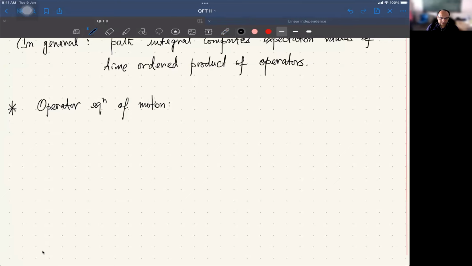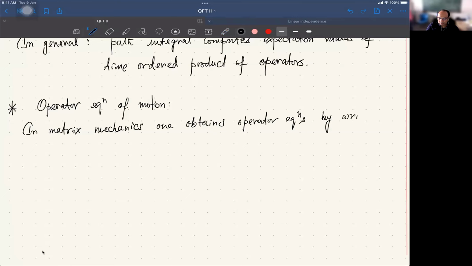So the statement is: in matrix mechanics, one obtains operator equations by writing the Heisenberg equation of motion in terms of configuration space variables.